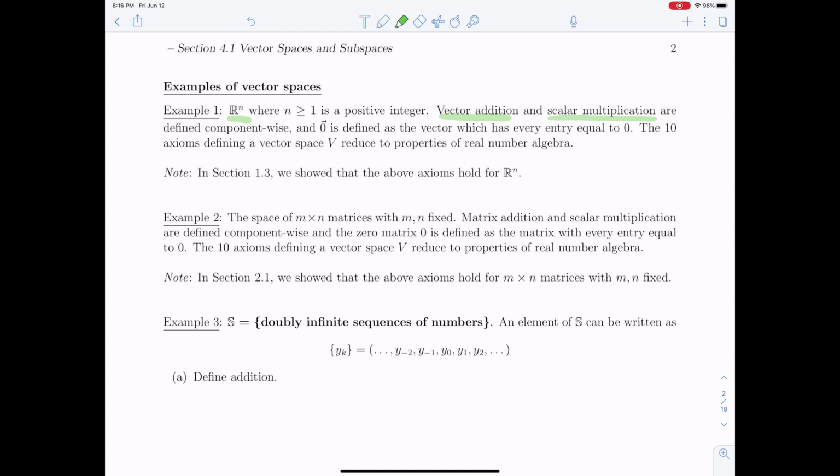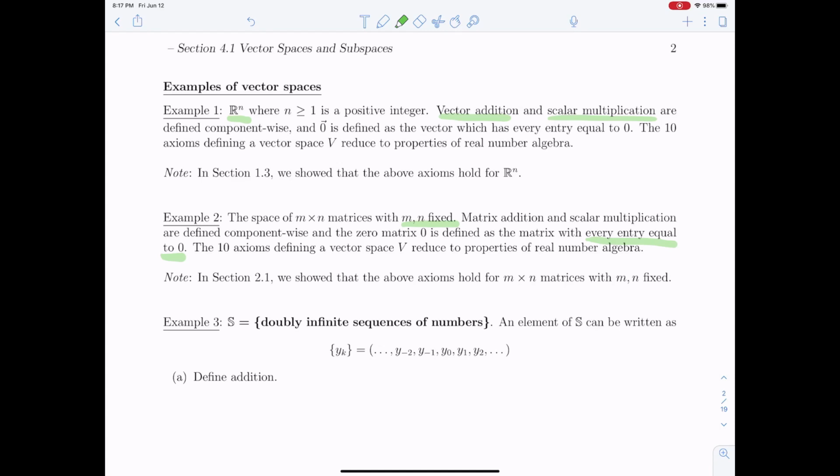And moreover, consider the set of m by n matrices for m, n fixed. We know that matrix addition and scalar multiplication are defined component-wise, and the zero matrix is the matrix consisting of 0 entries. And we have checked that the set of matrices satisfies the vector space axioms in section 2.1.